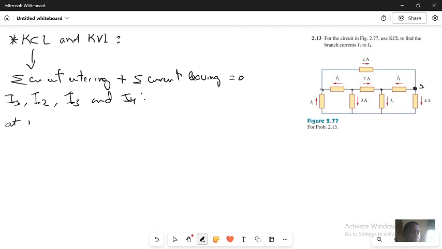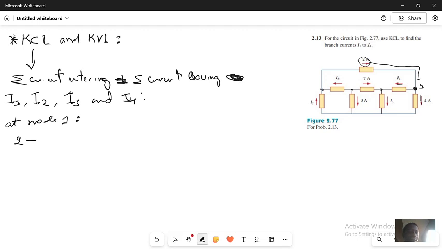The current 2 is the only current entering, so I can write the summation of current entering equals the summation of current leaving.